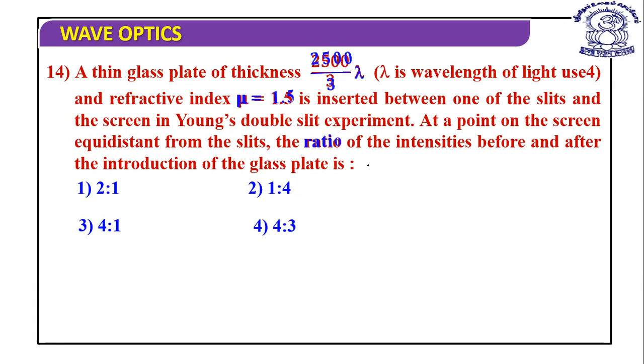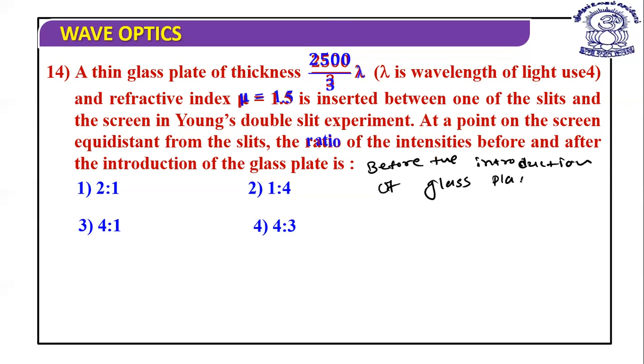Here, before the introduction of glass plate, the intensity is, let's say, I1, that is equal to 4 I naught.